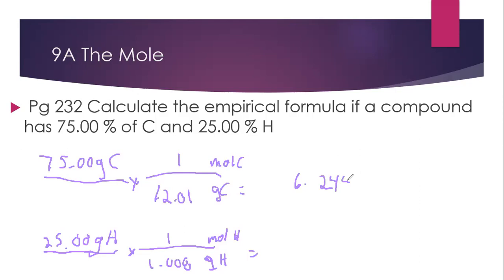I'm just going to round it out to about there, because we need 4 digits, so I'm going to use 5 initially. And we've got our 25 grams divided by 1.008 grams, and that comes up to 24.80.